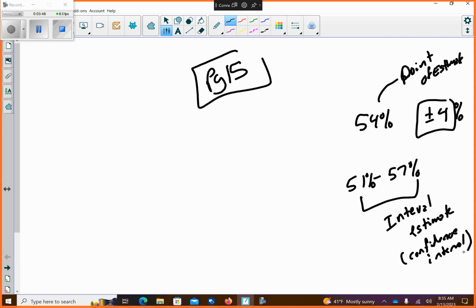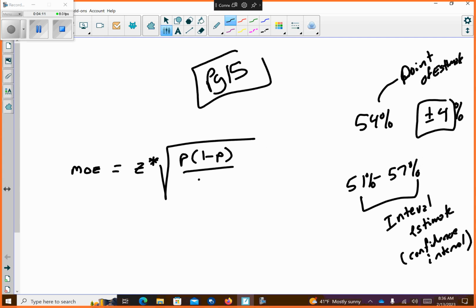Okay, so the margin of error for estimating a population proportion is provided with the following formula. All right, I'll get that on there right now. So the MOE is Z star times the square root of P(1 minus P) over N. Okay, that's the margin of error.